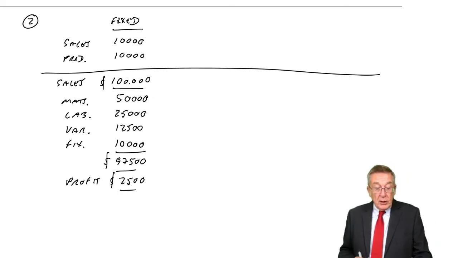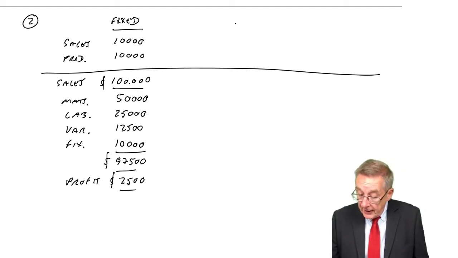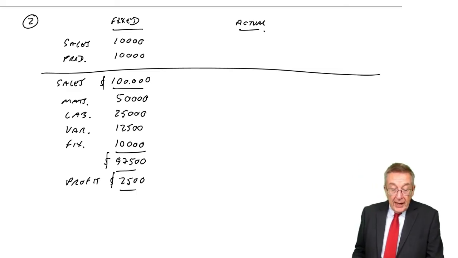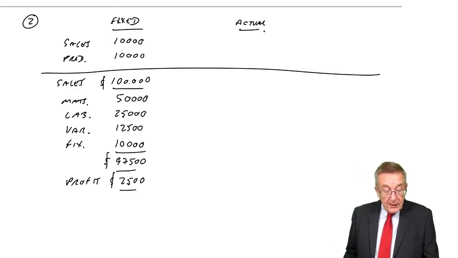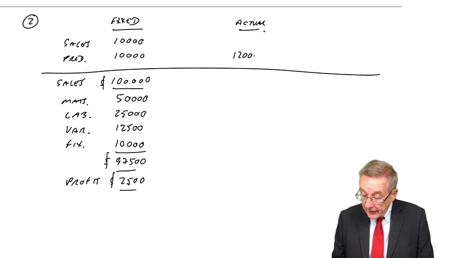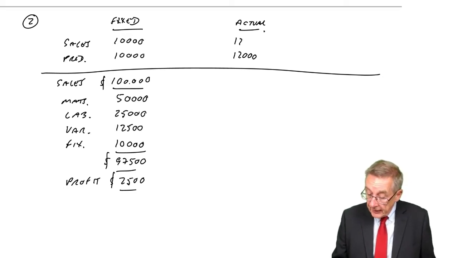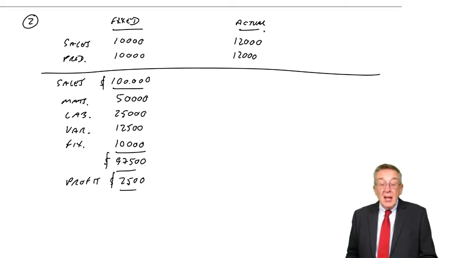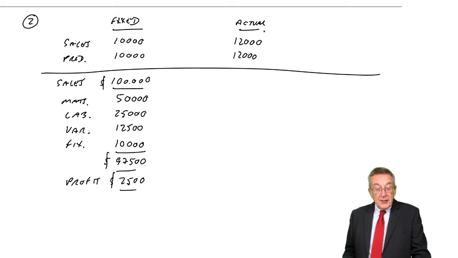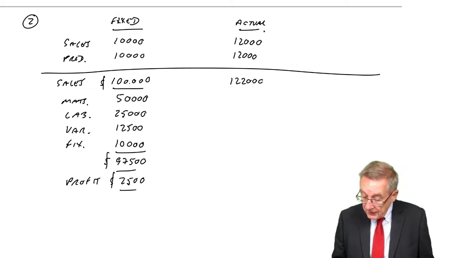We then look at what actually happened. And I'm leaving a space here for reasons that will become very obvious. It says at the end of the year, the following costs have been incurred for actual production of 12,000. So we produced 12,000 units. And further down, the actual sales were 12,000. And what actually happened, starting at the bottom, the sales revenue was 122,000.